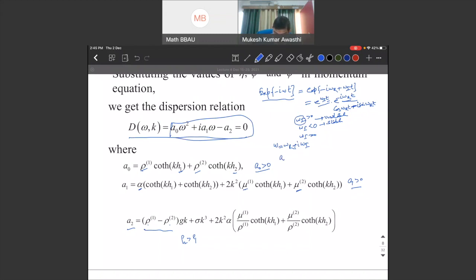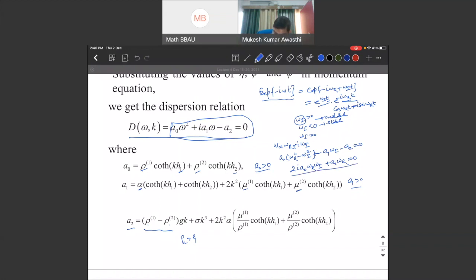So the real part will be a naught omega r square minus omega I square plus or minus a1 omega I, and minus a2 is 0, and the imaginary part will be 2 i a naught omega r omega I, and plus a1 omega r will be 0.